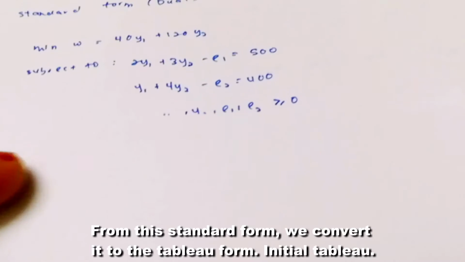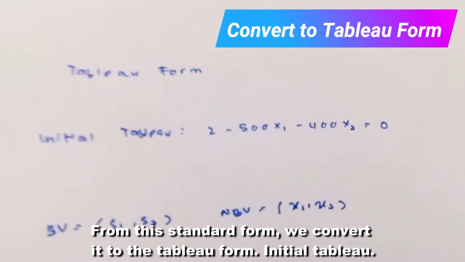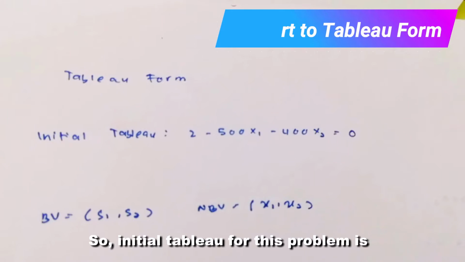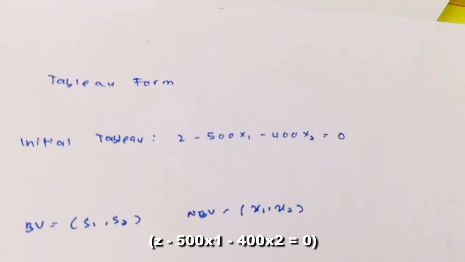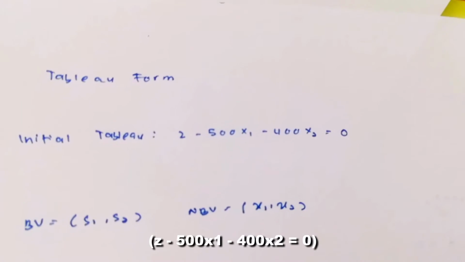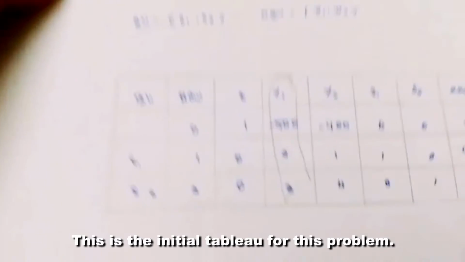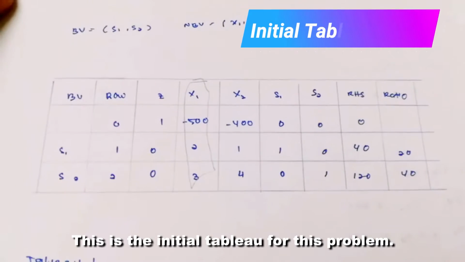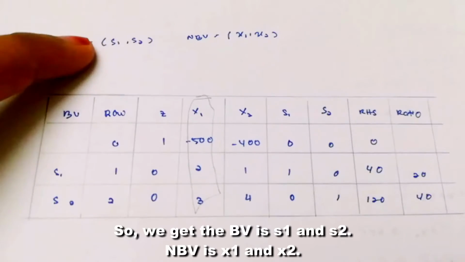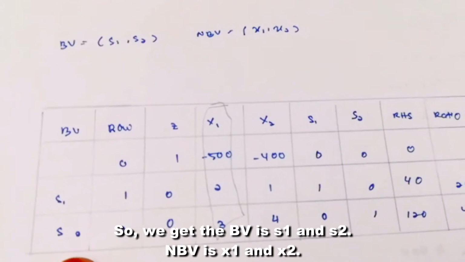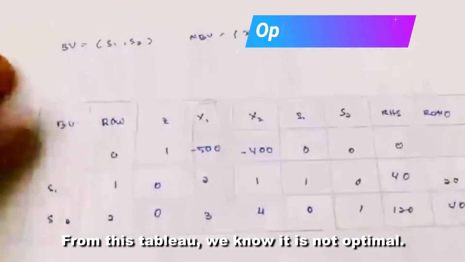Okay, from this standard form, we convert it to the tableau form, initial tableau. So initial tableau for this problem is z minus 500x1 minus 400x2 equal to 0. So we get BV, S1 and S2. From this tableau, we know it is not optimal, so we have to do tableau 1.